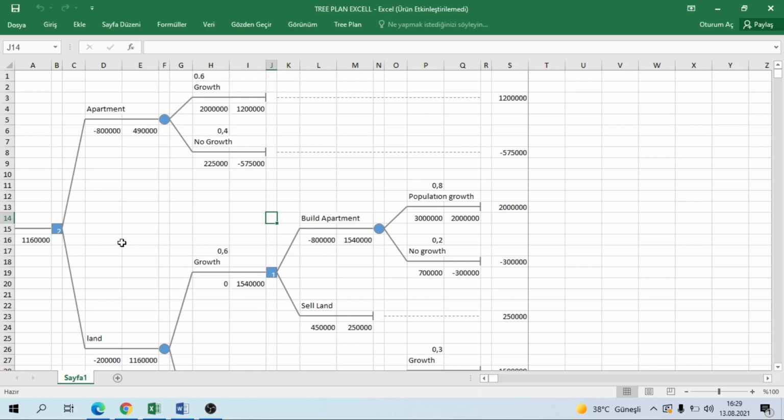There are 2 options: the decision maker invests in land, or another option is to purchase an apartment.